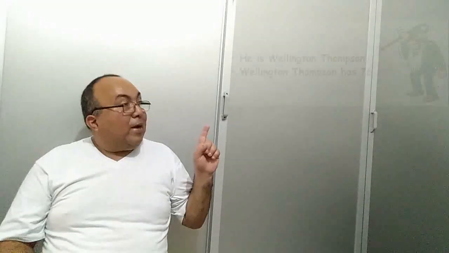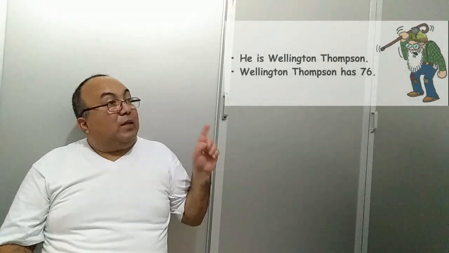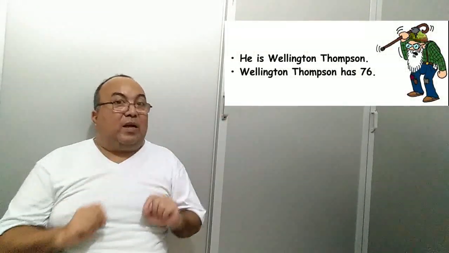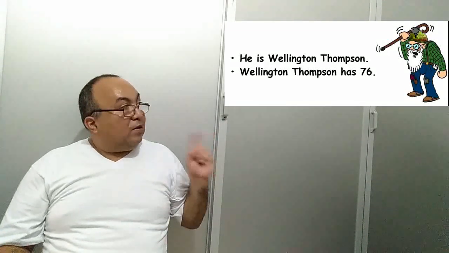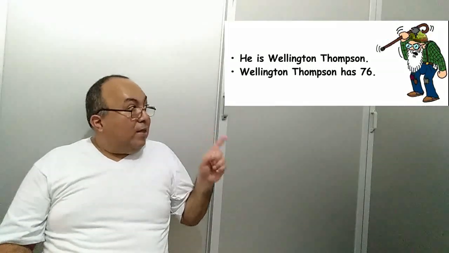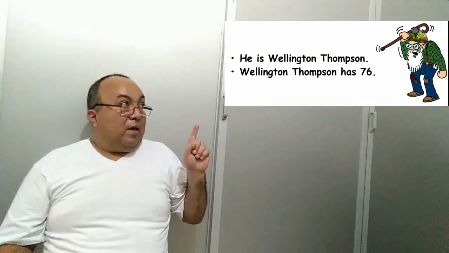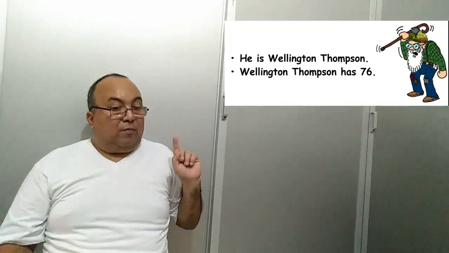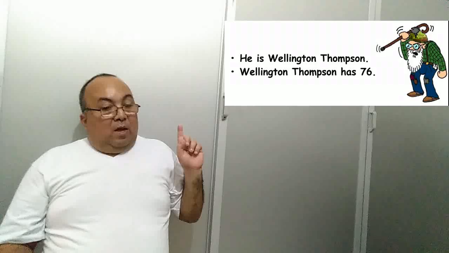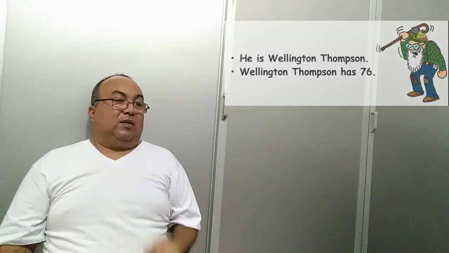Examples. We can see here two little sentences. The first says, he is Wellington Thompson. He has 76. Two sentences. With the help of the relative pronouns, we can build a new sentence.